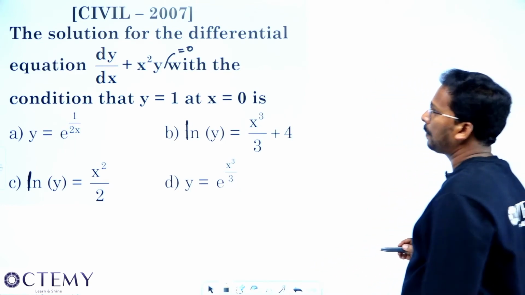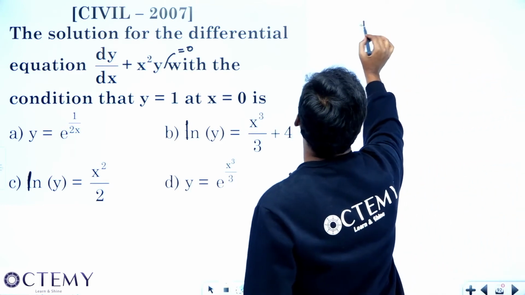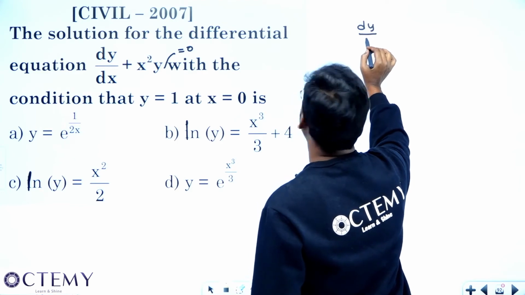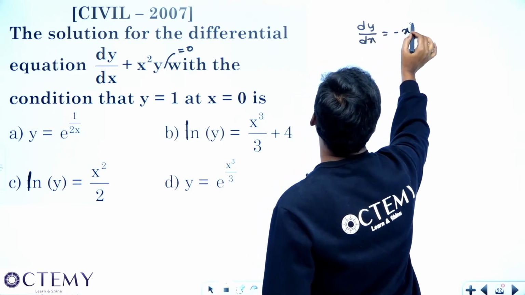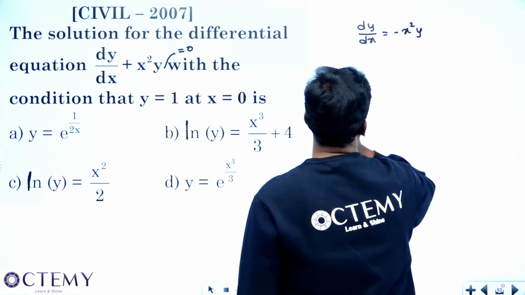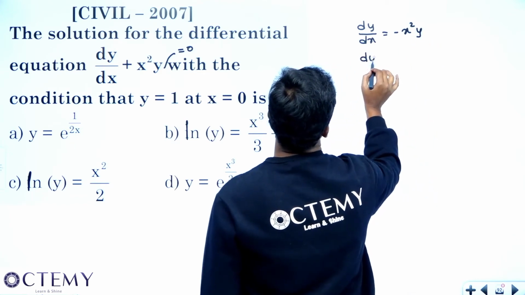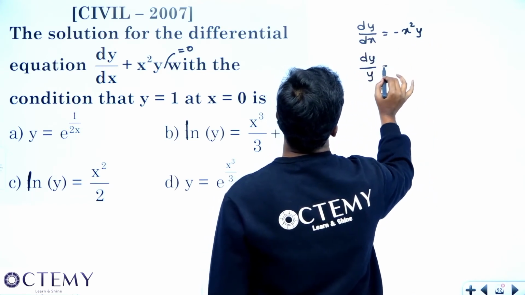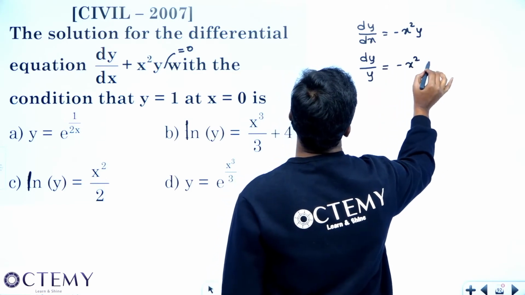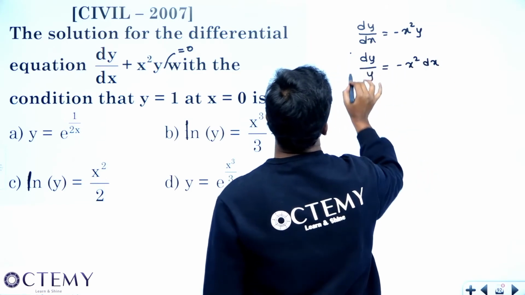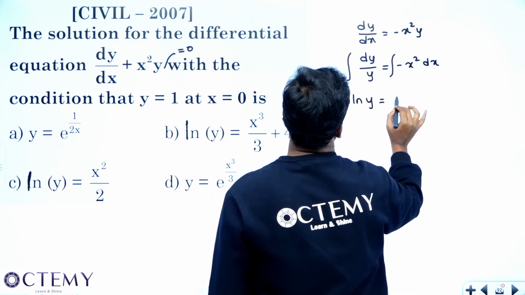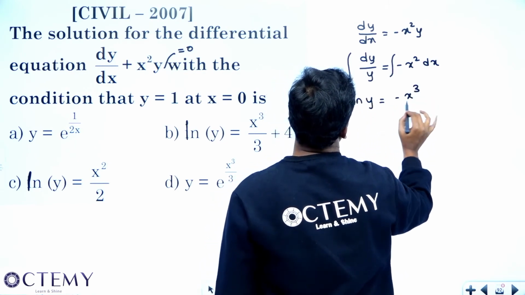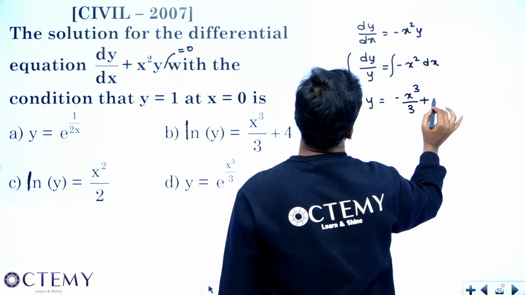Very simple. dy by dx is equal to minus x square y, right? So it will become dy by y is equal to minus x square dx. Integrate on both sides. ln y is equal to minus x cube divided by 3 plus c.